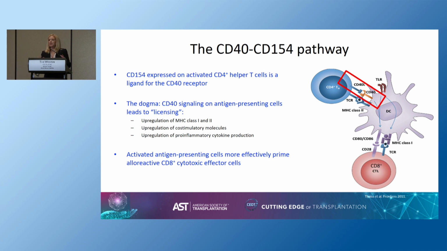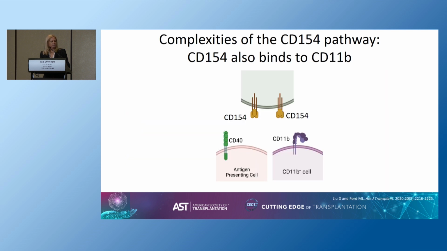And so this pathway has been well studied for a number of years in transplantation, of course, with attempts to block both the 154 and the CD40 side of the pathway.